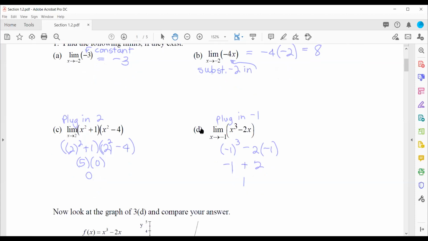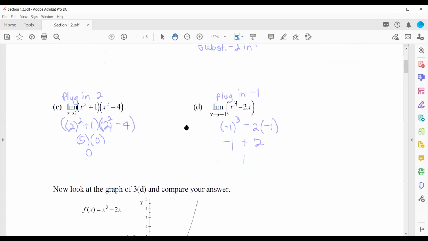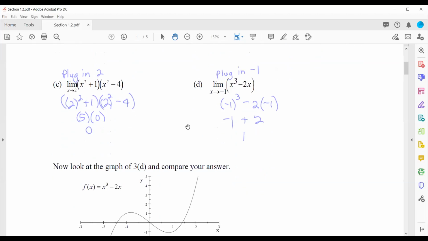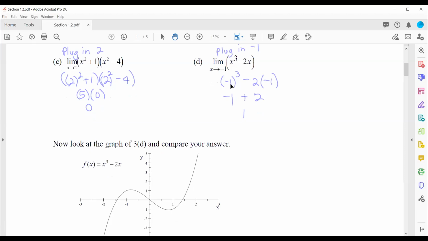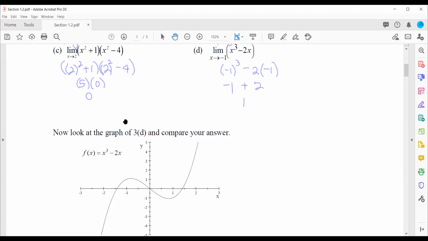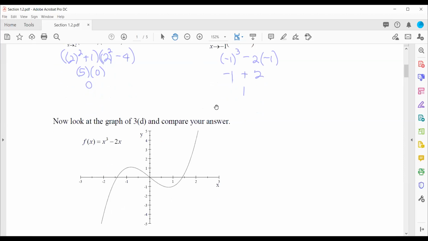Now, I always like to tie all these in together. We just talked some about limits of graphs. So I have the graph of the function that we just did in part D. Here it is, x cubed minus 2x. We were interested in the limit as x approaches -1. That's right here.